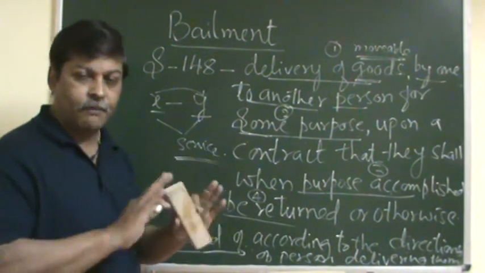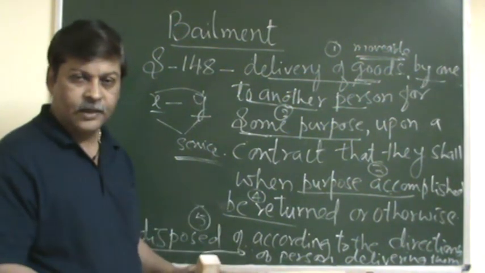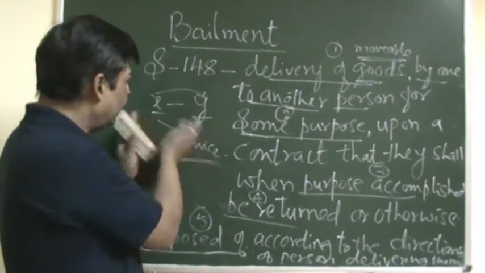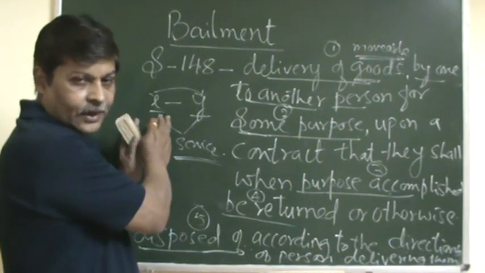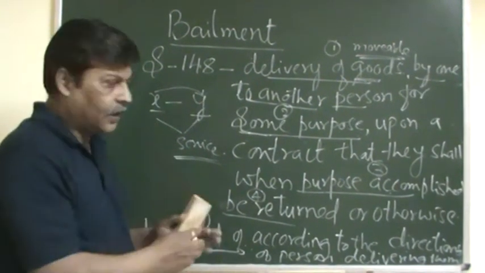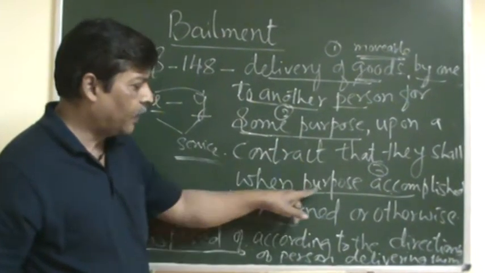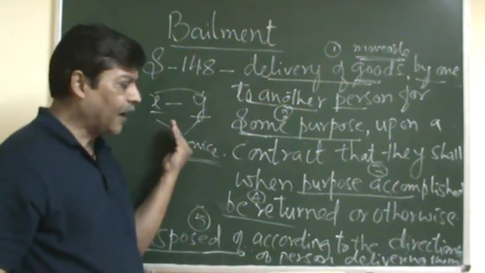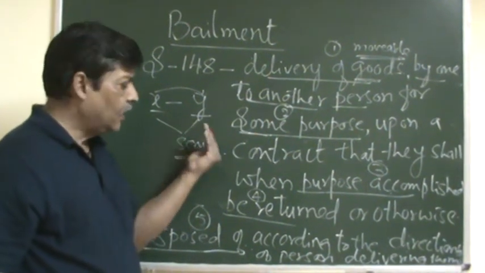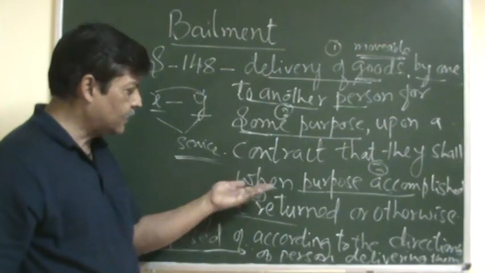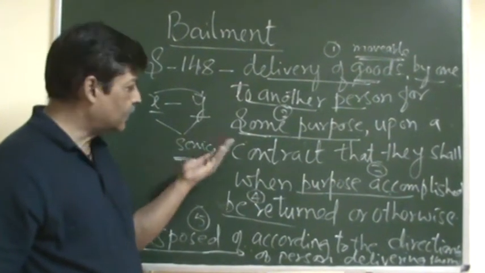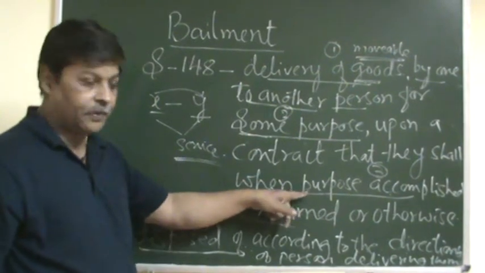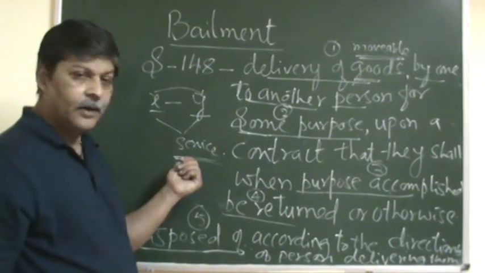So when Y completes the service of the car, the condition is that he has to return it to X, the person who has delivered it. It will be given back. That is what we call returning back. The purpose must be accomplished and it should be returned back.